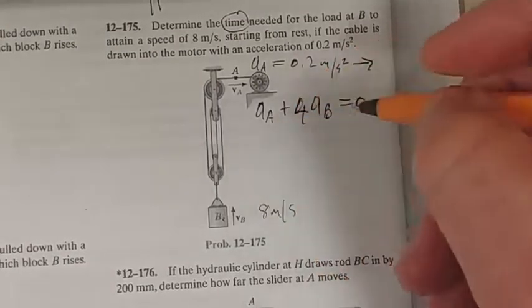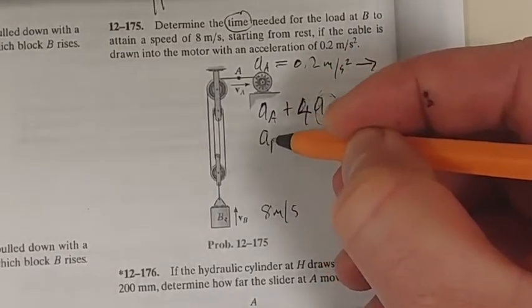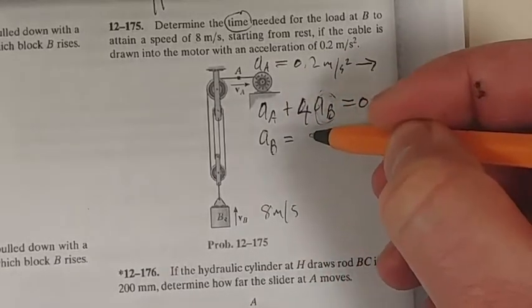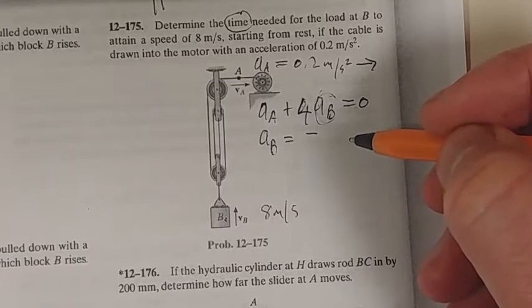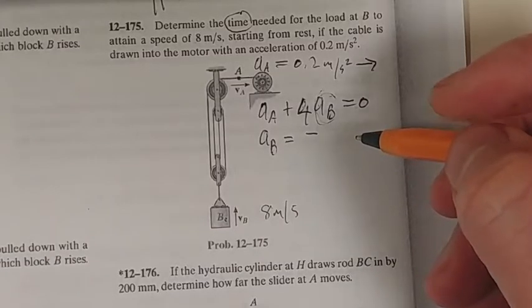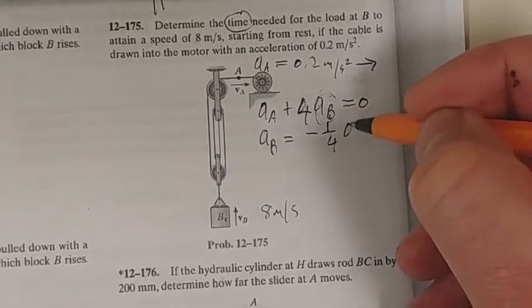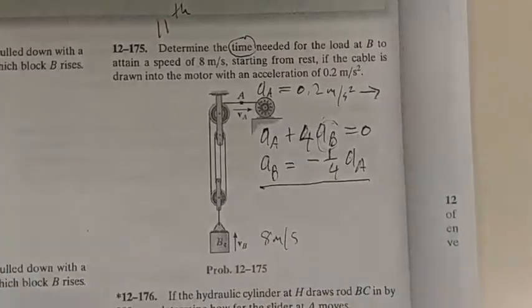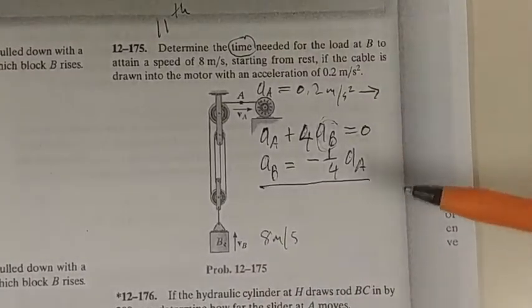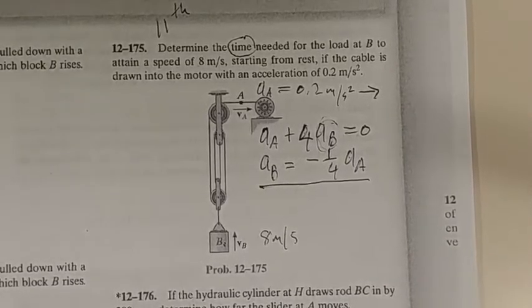So let's solve for aB, and you'll see why. aB is minus a quarter aA. All right, so don't just follow what I'm doing. Please try this problem on your own and try to think it through. Try to get the solution. Actually, you should pause the video now and try to solve it on your own, okay?